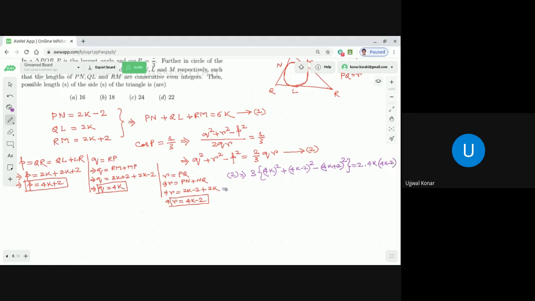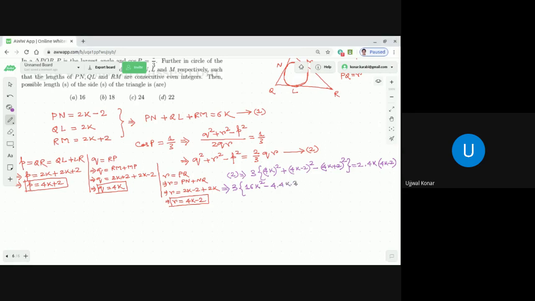So now let's simplify it. Here we are writing 3. 4K square becomes 16K square. Now A minus B whole square minus A plus B whole square is equal to minus 4 into 4K into 2.